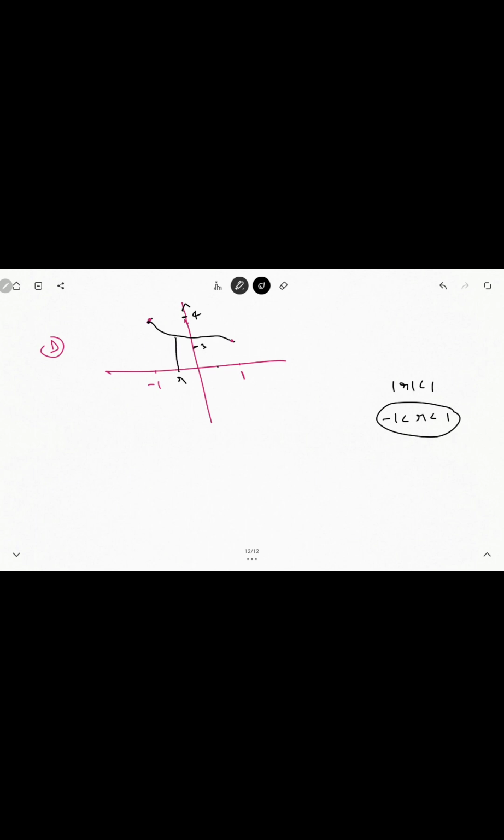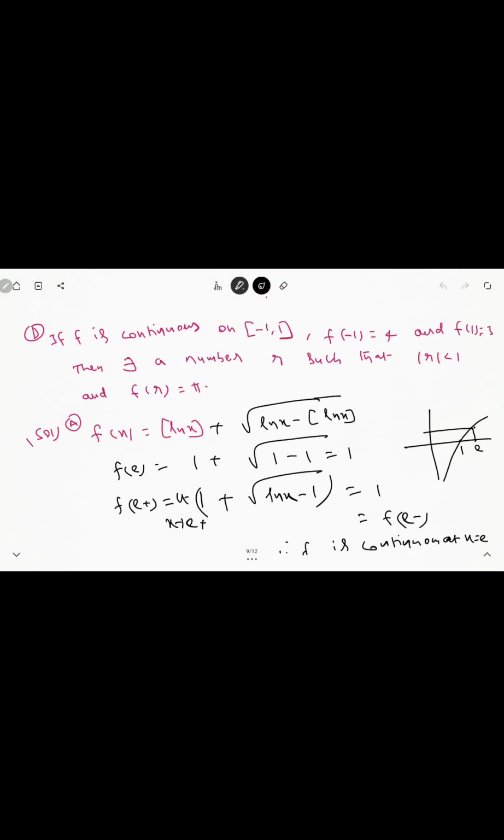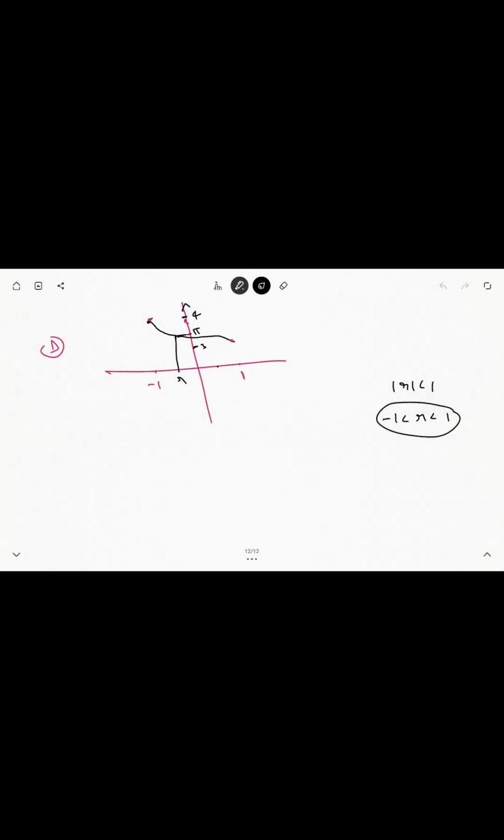If you join here, it is more than 3, maybe at some point I am getting pi. So definitely there exists at least one value r such that modulus of r is less than 1 and f of r is equal to pi. Whenever you put the input r, the output must be pi. So it is true only. So option D is also correct.